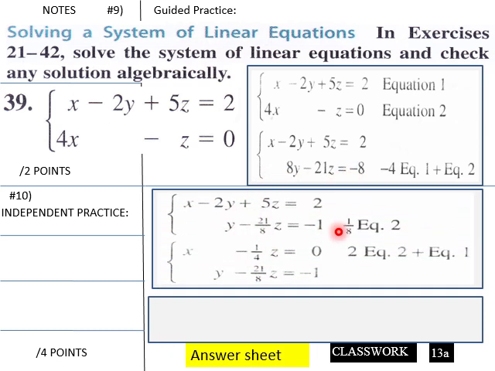So when we multiply equation 2 now by 1 over 8, this will just give us a y here. We'll end up with this fraction here, -21 over 8 for z, and then we have -1 out here. Then we can multiply 2 times equation 2 plus equation 1.